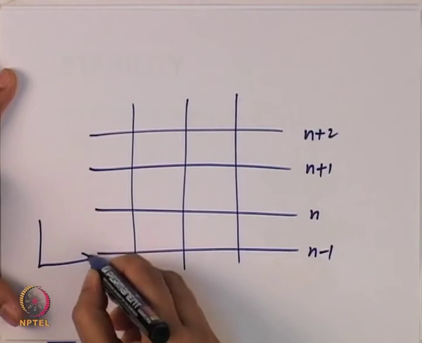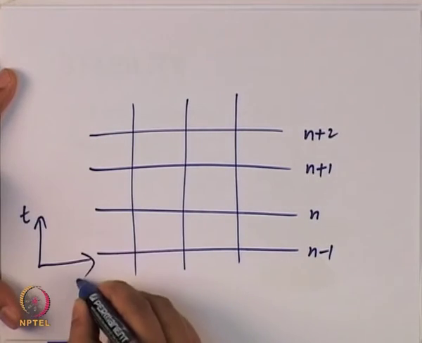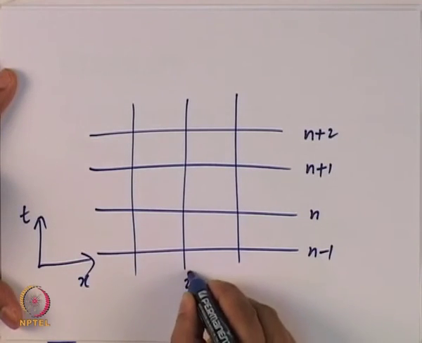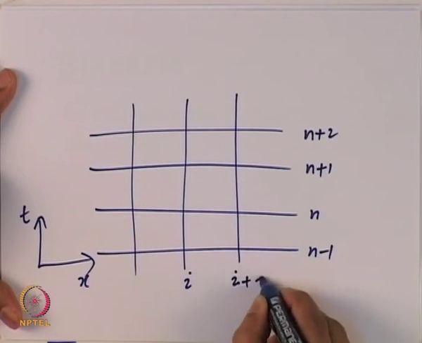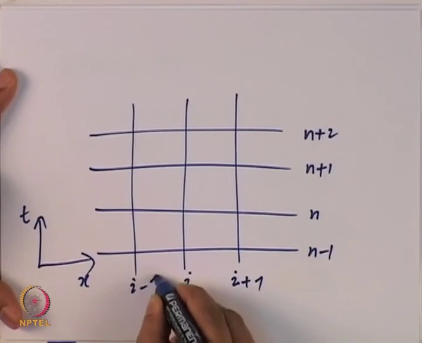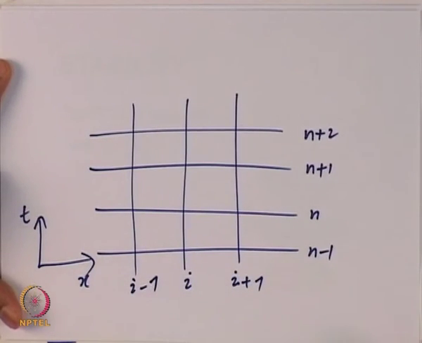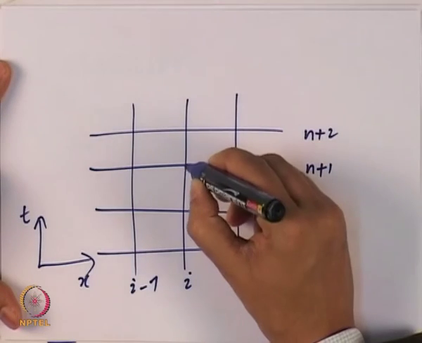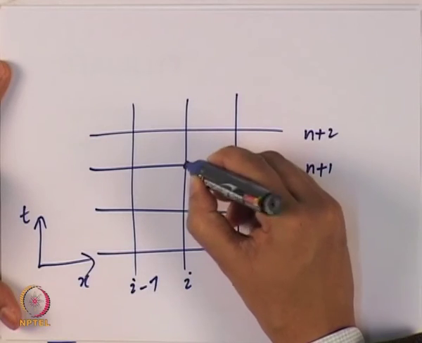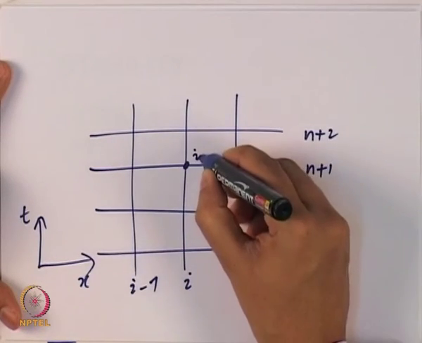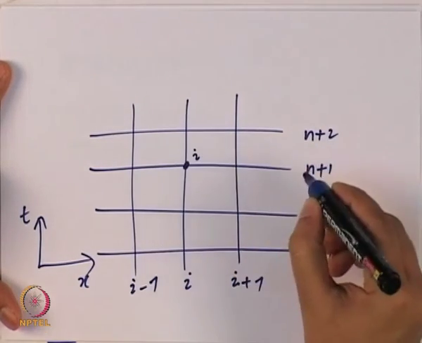So this is the time axis, and here I am talking about i plus 1, i minus 1. What I am interested in is a solution at this point i at the time instant n plus 1.